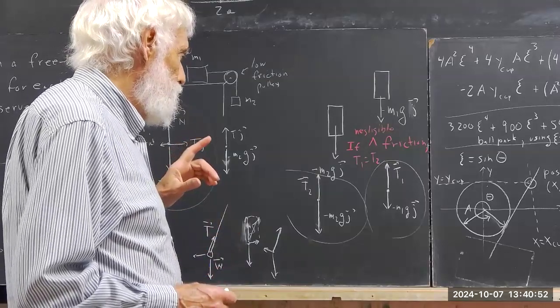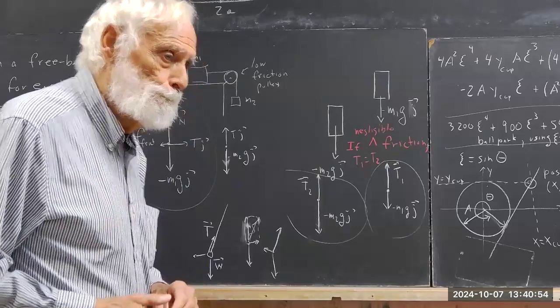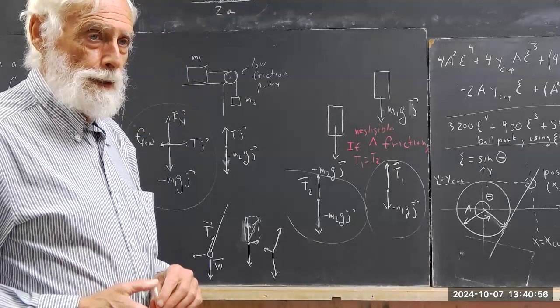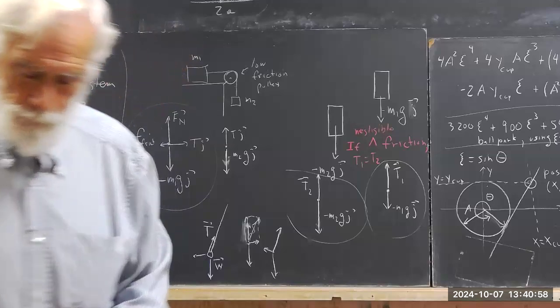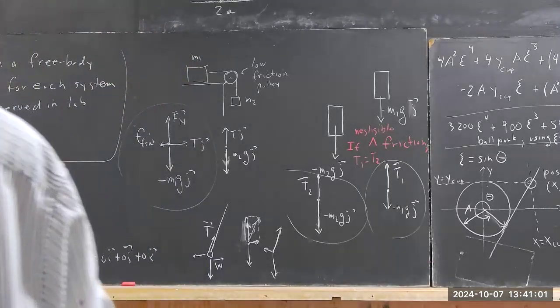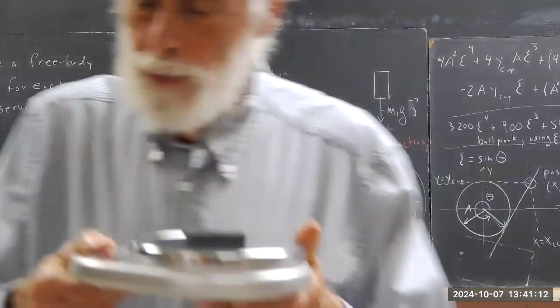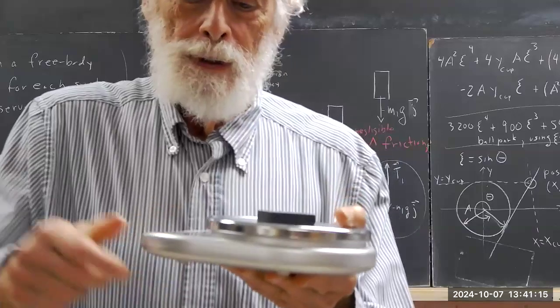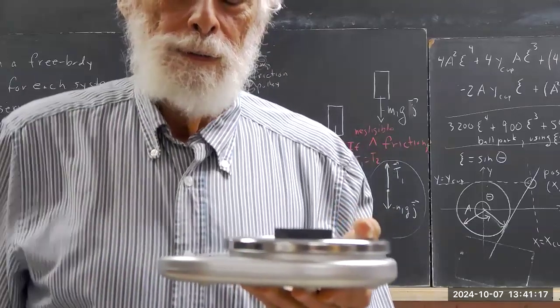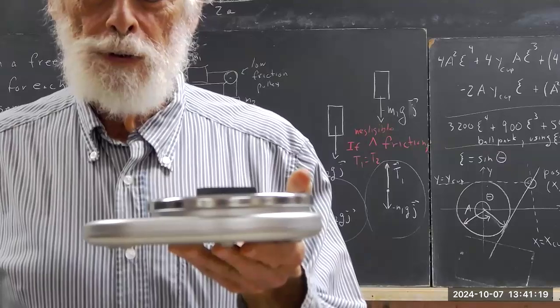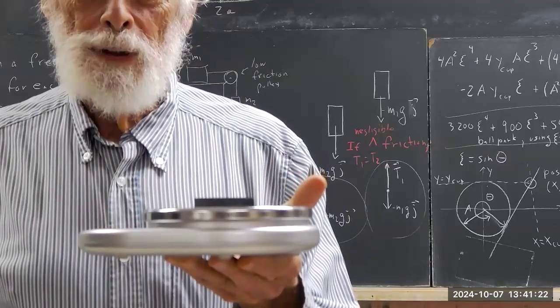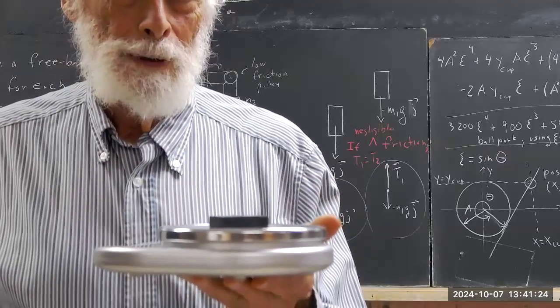Okay, back to examples. Okay, simple example: you've got this kitchen balance, you've got a magnet here, you turn the thing on and it shows you nothing because I'm at zero net force, right?